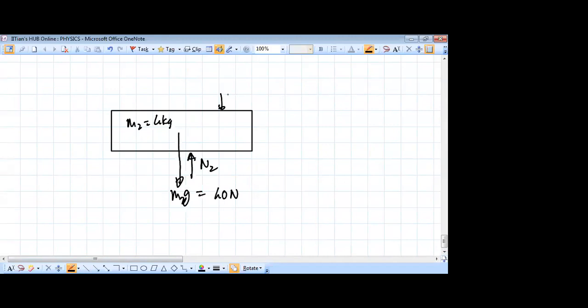And there is the normal reaction that this one is applying, which is 10. And add to all that, there is this horizontal force which is acting, which is 2 newtons. So this is giving this a horizontal acceleration. So for this block, what is happening is that vertical forces balance each other.